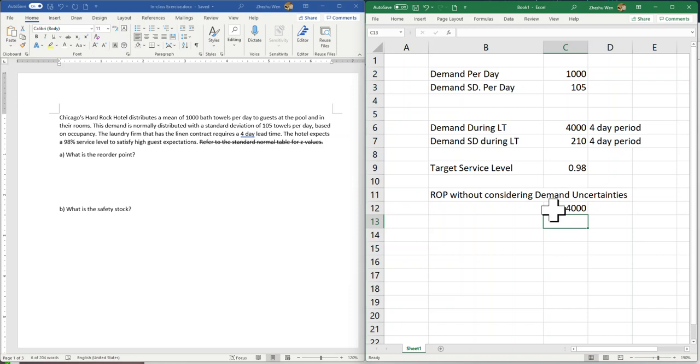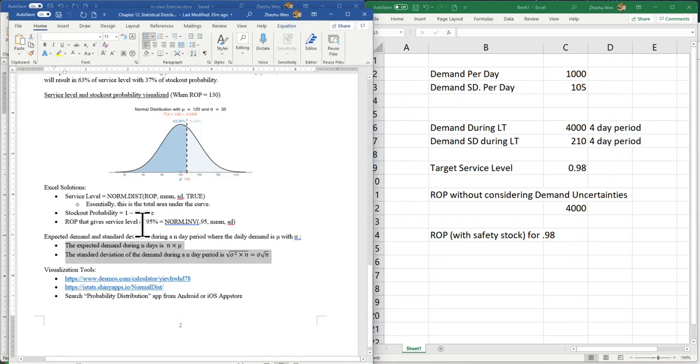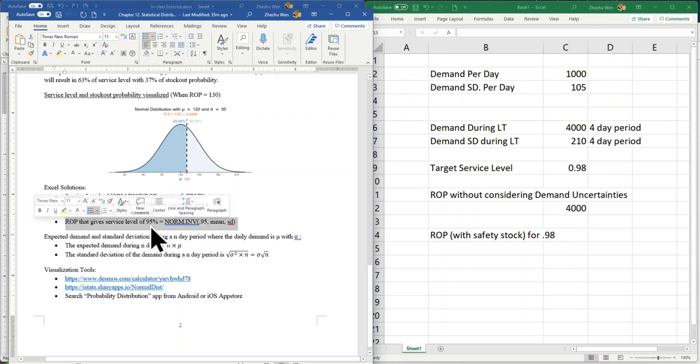I want to get to this point later, but the ROP with safety stock that is aiming for a 98% service level is basically the ROP that gives a service level of a certain percentage.